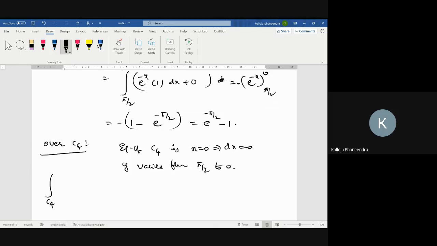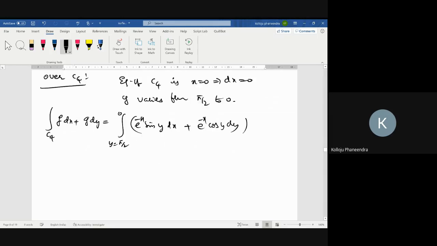Over C4, the integral of f dx plus g dy, with y from pi by 2 to 0, has the first term 0 since dx is 0, and x is 0, so simply cos y remains. After substituting limits, the value is negative 1.